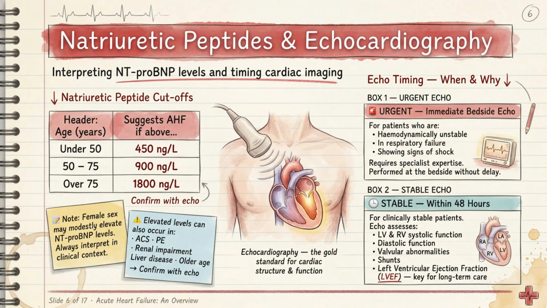Do it at the bedside without delay. Box 2. Stable echo. Within 48 hours. For stable patients, echo will assess LV and RV systolic function, diastolic function, valvular abnormalities, shunts, and critically, the left ventricular ejection fraction, the LVEF, which is key for long-term care decisions.